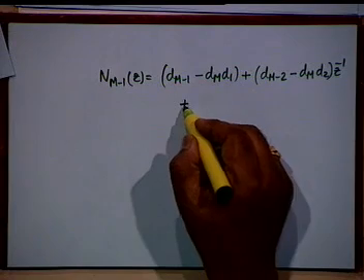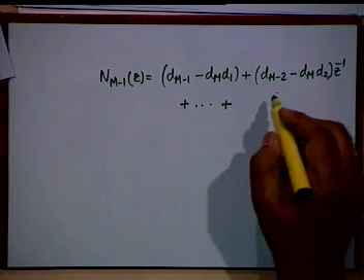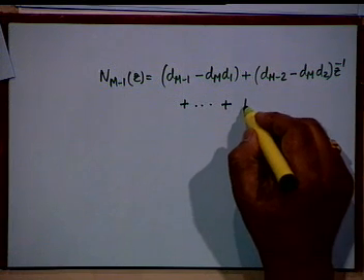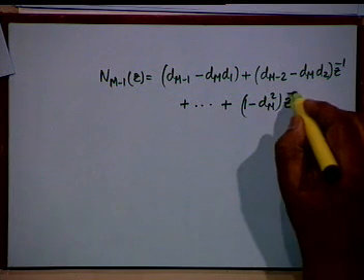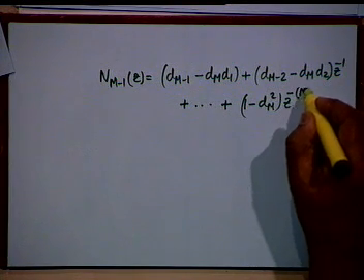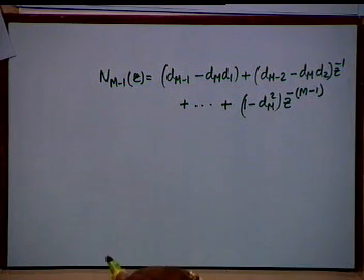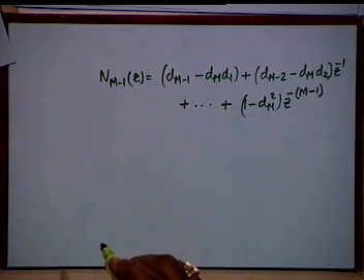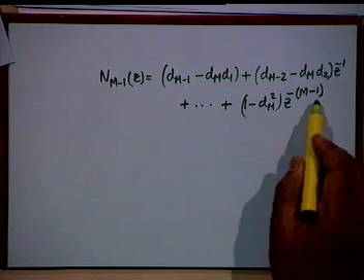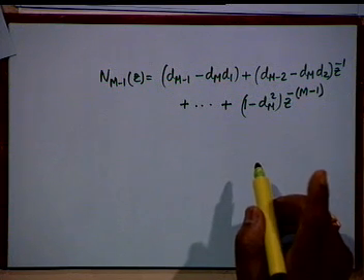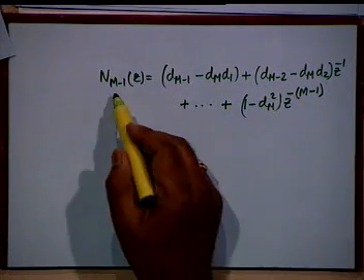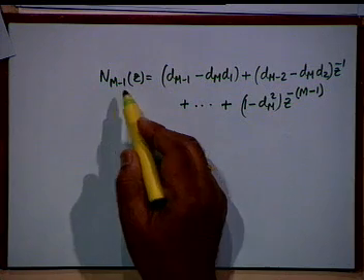Agree? Plus etc. What will be the last term? 1 minus dm squared, and the power of z shall be minus m minus 1. That is correct. So, the numerator is indeed an m minus 1th order polynomial in z inverse. Okay? So, our m minus 1 subscript is justified.